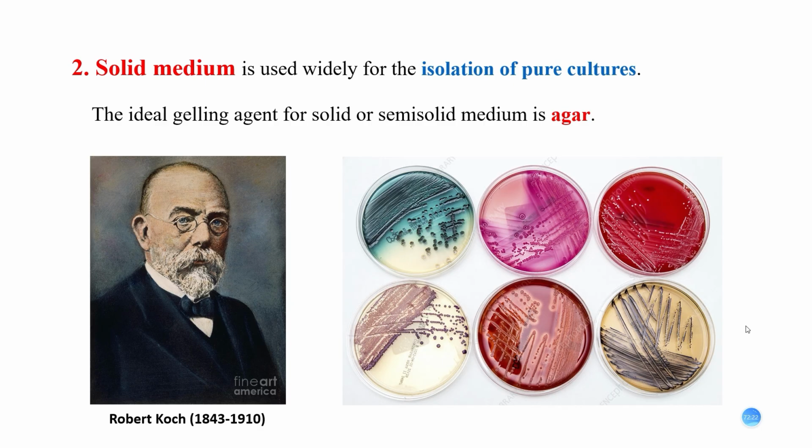So this is the experiment you want to do for the first microbiology lab. You would streak the plate like this. And finally, if you are successful, you would get single colonies, two different types of single colonies, so that you can get the pure culture.